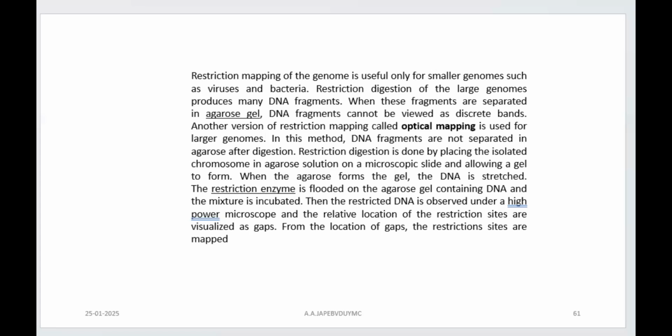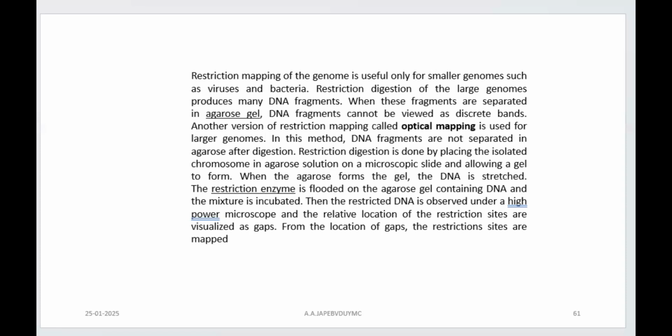From the location of gaps, the restriction sites are mapped. So it is the advanced version, optical mapping. So when you say restriction mapping of DNA, you are handling a specific size of genomic sequence. But when it is entire genome analysis, then the advanced version is referred to as optical mapping.